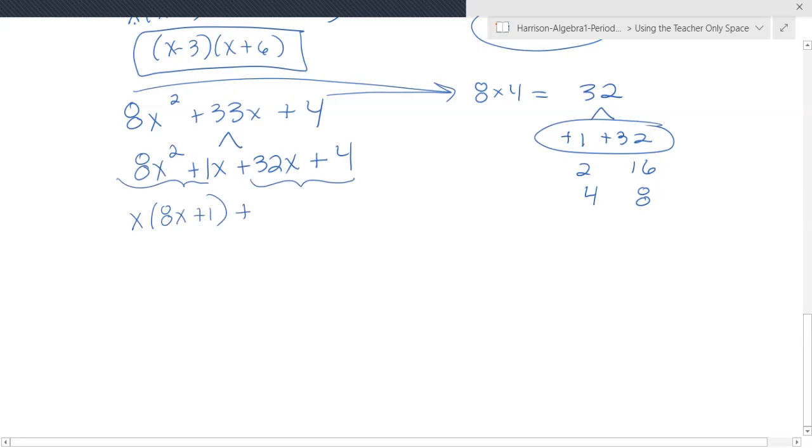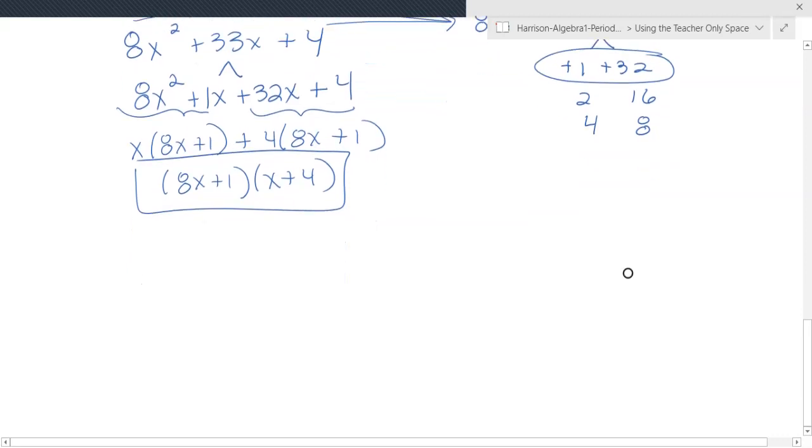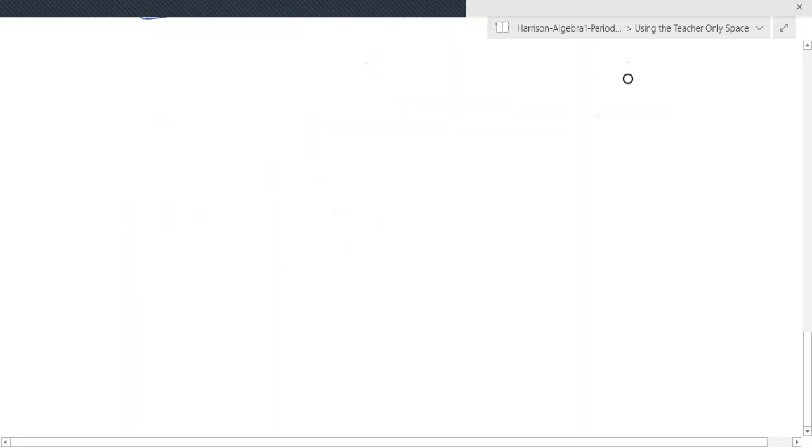Plus 4 in common here, and that leaves 8x plus 1. So from both of these, the GCF is 8x plus 1, and that leaves x plus 4. So that is my factored answer. All right, so that's how I factor trinomials.